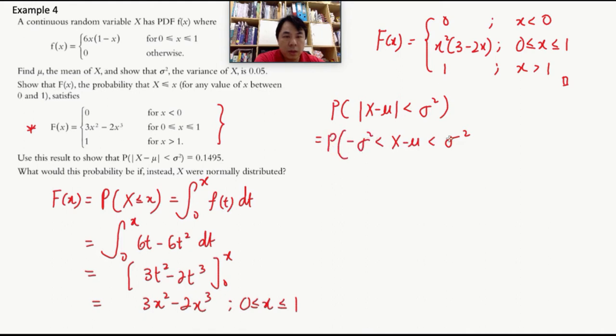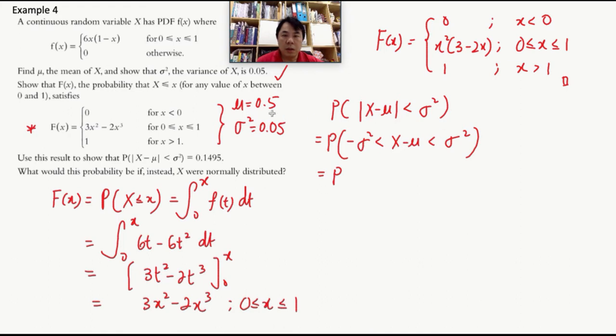That is the definition of the modulus. So from here we can rewrite that, and we have calculated our mean and variance before. Just to recap, the mean is 0.5 and the variance is 0.05 as indicated here.